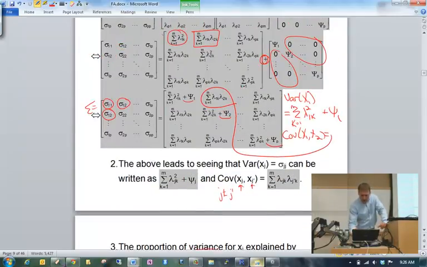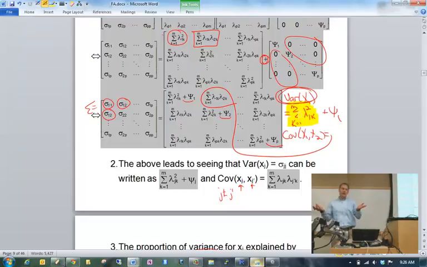In particular, if we look at the variance of x1 here, the proportion of variance that's explained by these common factors is this sum of the lambda squared divided by sigma 1,1.